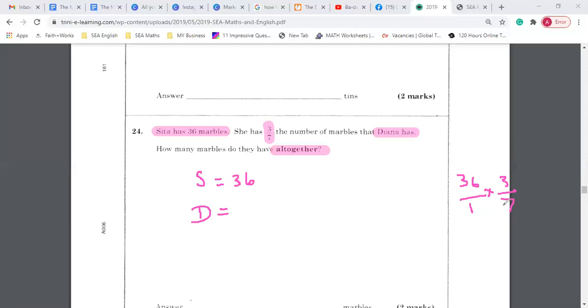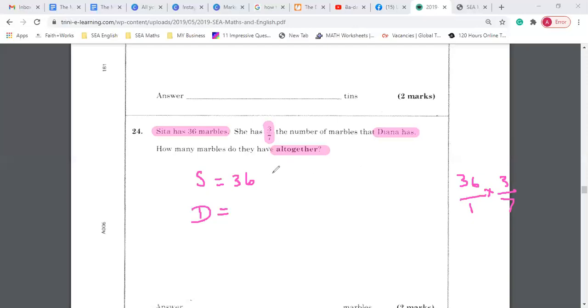Right. So everyone missed the key important line, which was Sita has 3/7 the number of marbles Diana has. To find out how much Diana has, we need to find the whole. So basically, let me rewrite it.